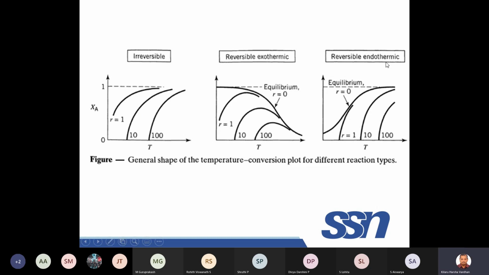When you need to give the heat, it always forms like this. Even though it is a reversible process, it forms like an irreversible process, especially for endothermic.